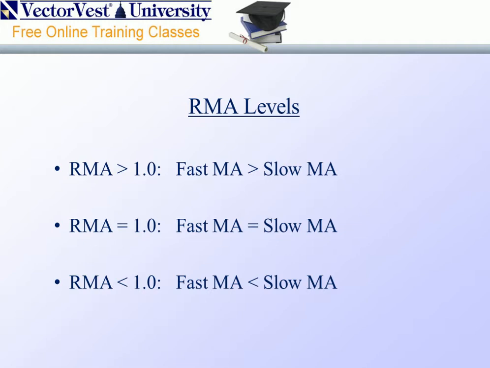But if we're creating a ratio, we can actually not just look for crossovers of the traditional approach, we can actually look for overbought and oversold conditions as well, and everything in between. So when the RMA value exceeds 1, this is when the fast moving average is above the slow, indicating upward momentum to the stock. But here's the catch.